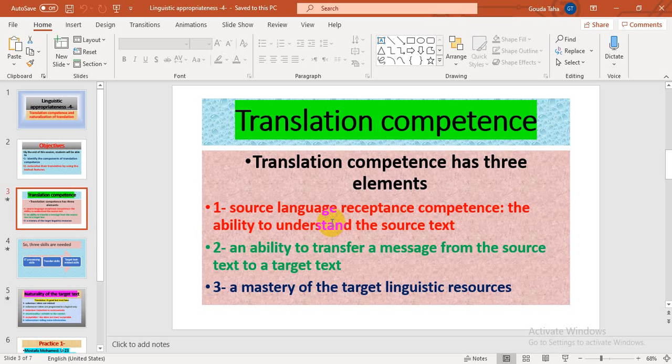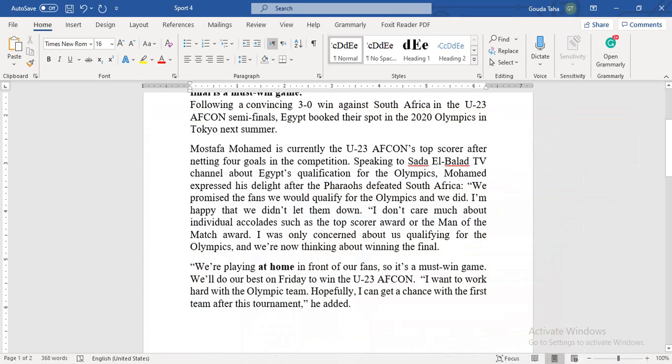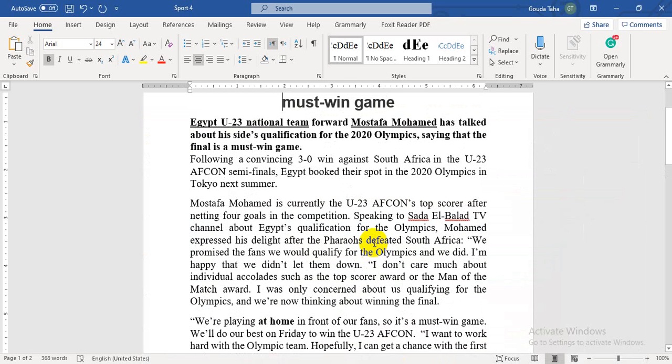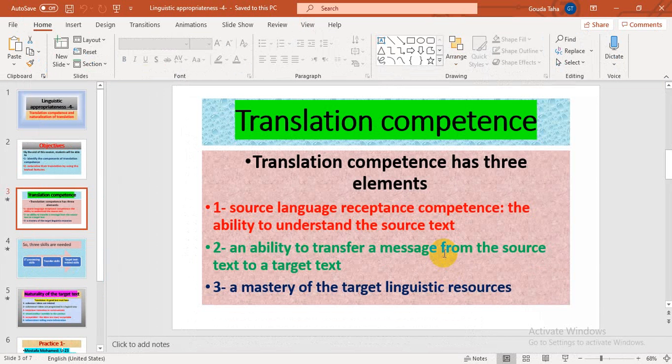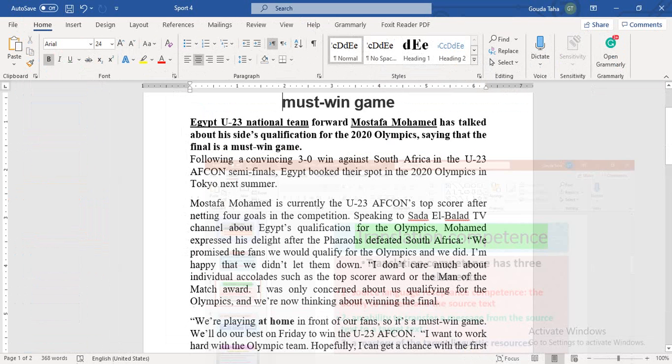So now I understood all the elements in the source text. I even tried to find out the difficult words here like AFCON, U23 and so on. So now I'm going for the next skill or the next competence, which is the ability to transfer a message from the source to the target. So let's go for this.